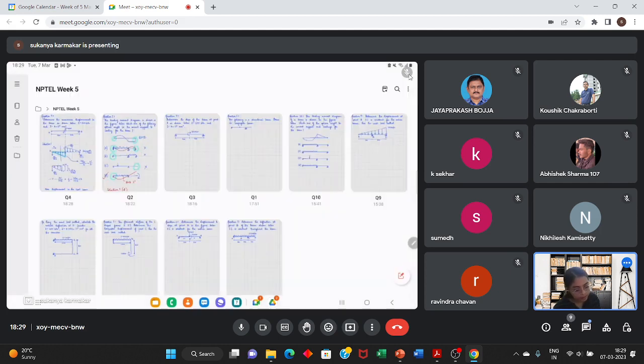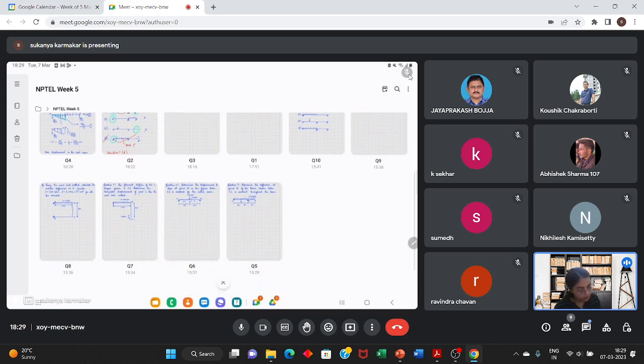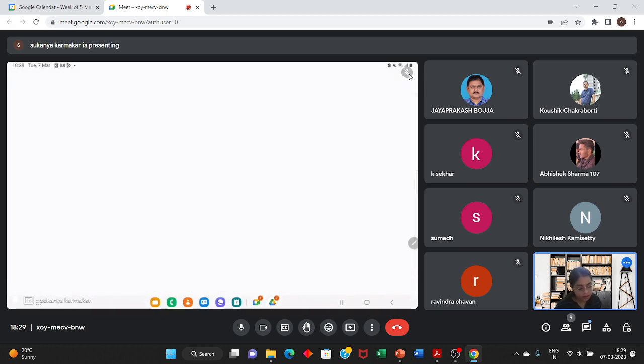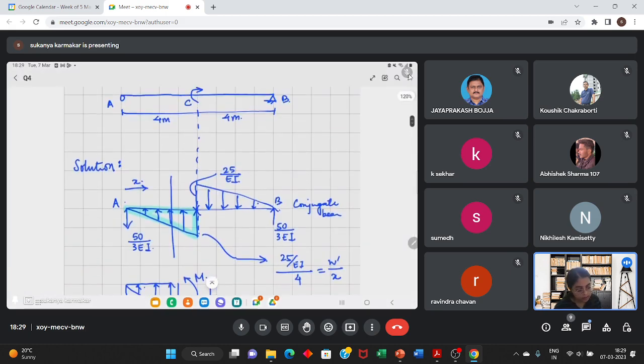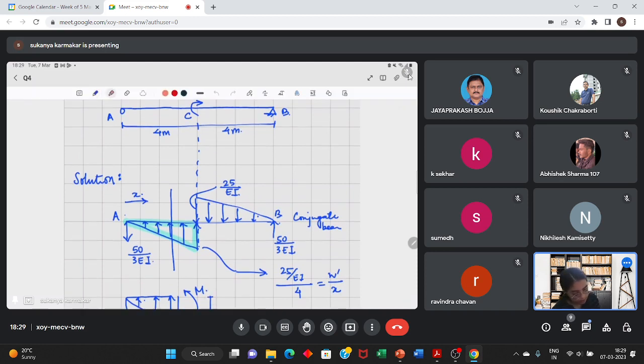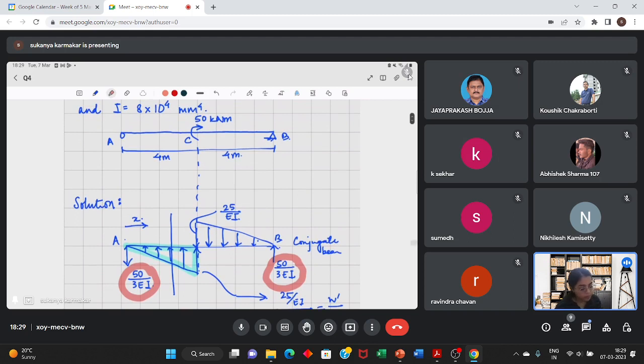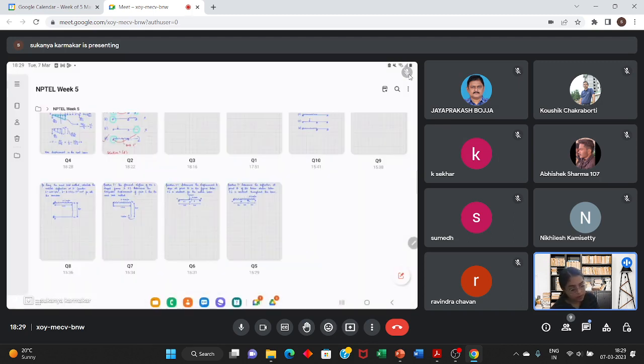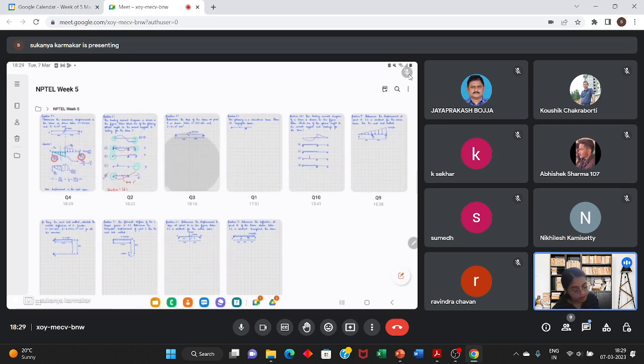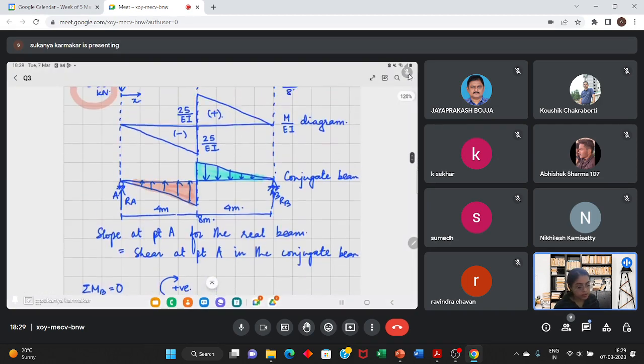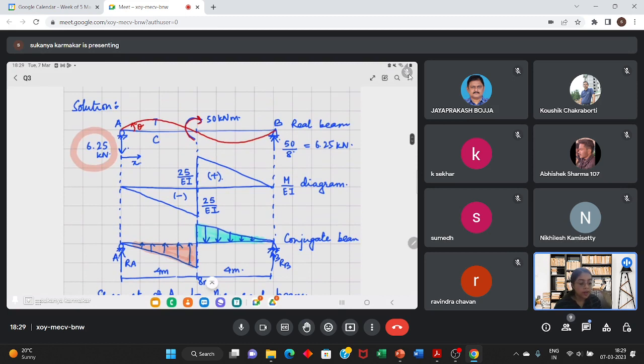So from there, in the current question, these are the support reactions, 50 by 3 EI, 50 by 3 EI. And one more doubt is from where I am getting 25 by EI. This value was already calculated in the previous question. This is from the real beam.